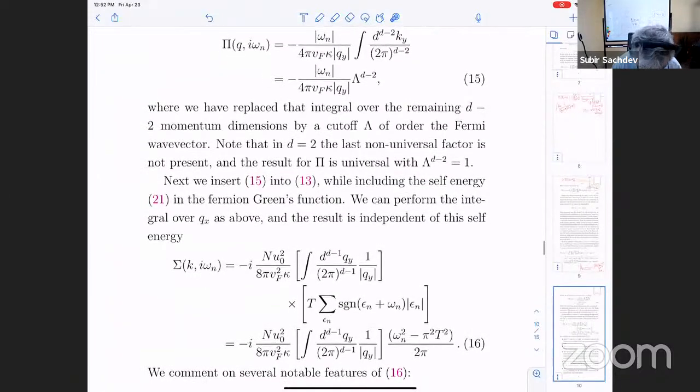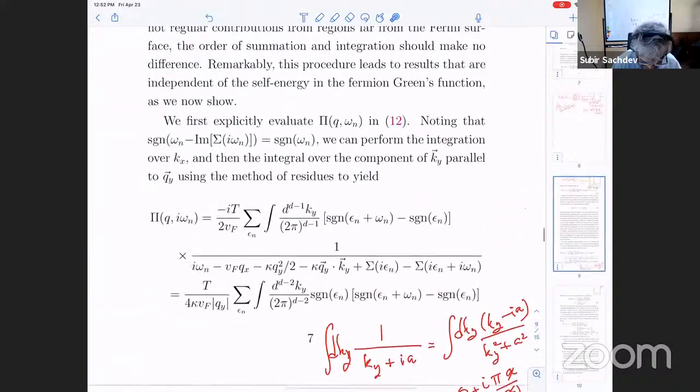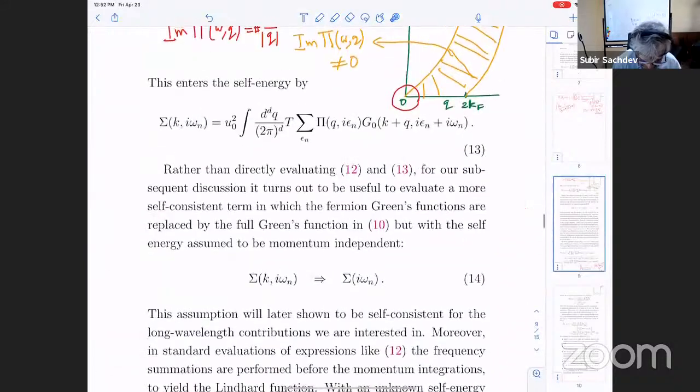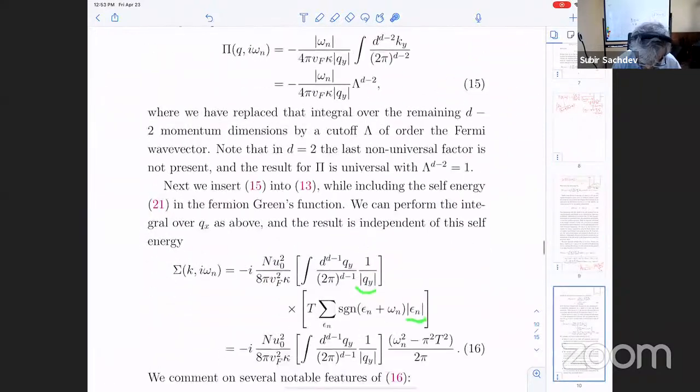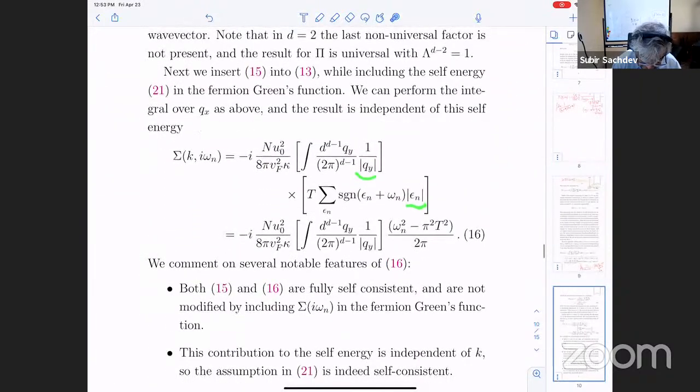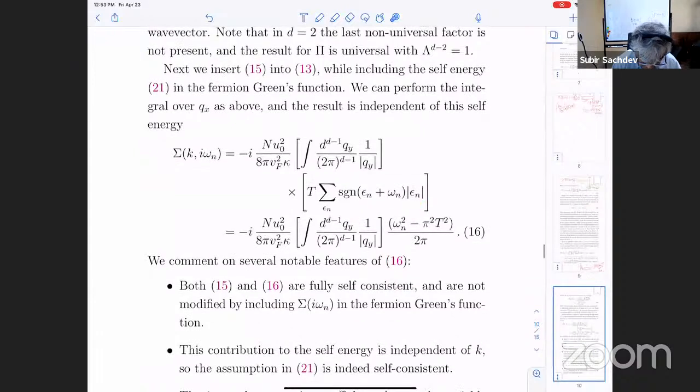But let's see, where's the mod omega over Q? Yeah, there's the mod epsilon over Q, because I had a pi of Q and epsilon, I presume. Yeah, so this divided by that.